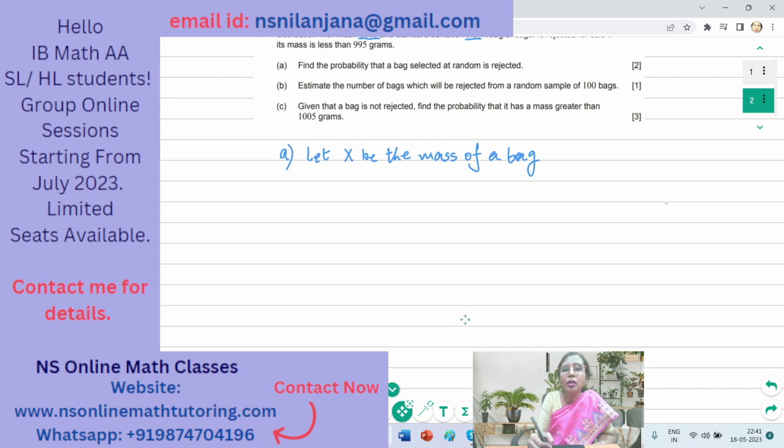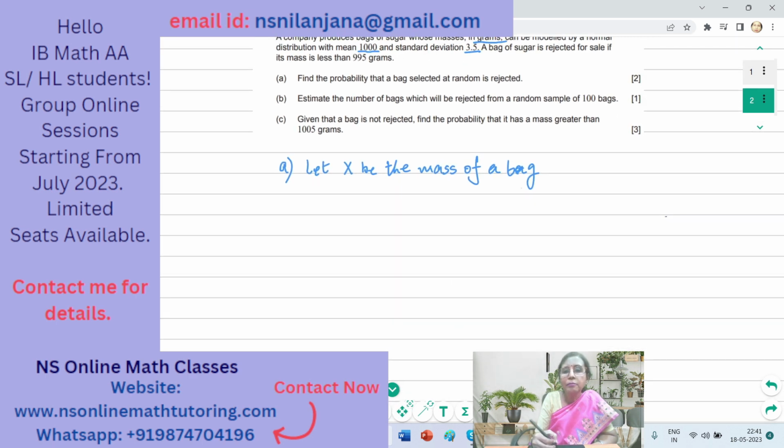So X will be a normal distribution variable, and the mean is 1000 and standard deviation is 3.5. So the variance will be 3.5 squared.